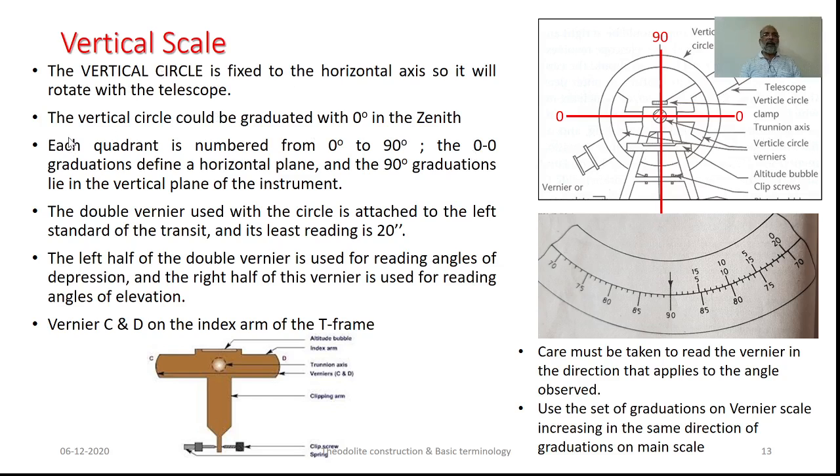Here the vertical circle can also be graduated as 0 degrees at the zenith. What I mean to say is this 90 degrees could be graduated as 0 degrees, and with respect to that topmost vertical direction, one can measure the angle.